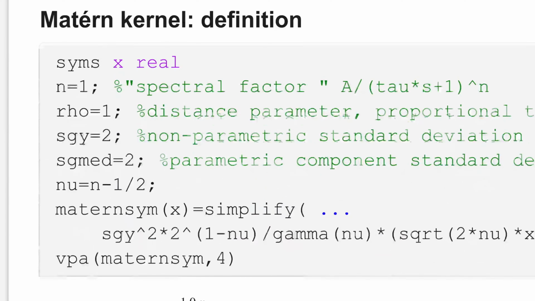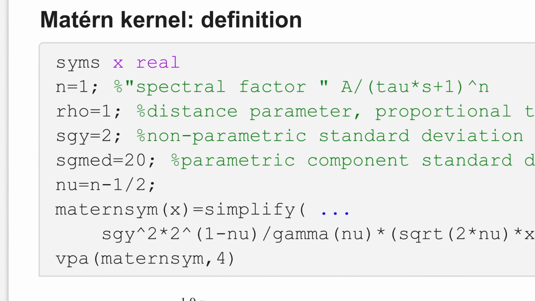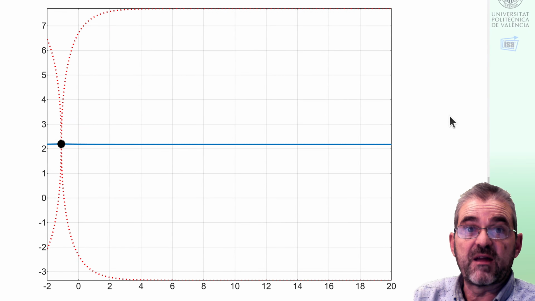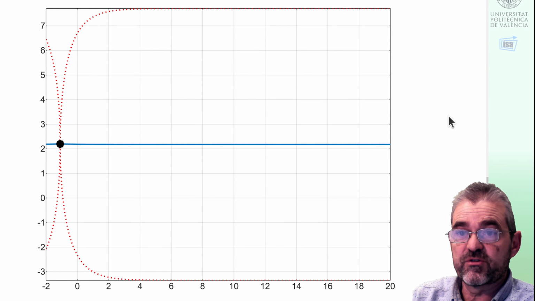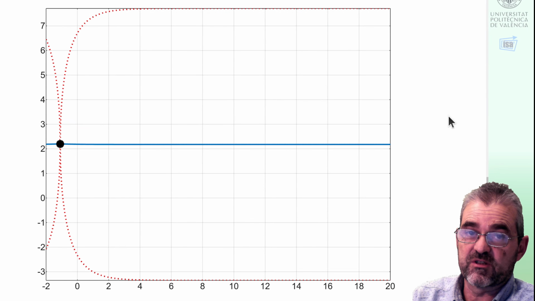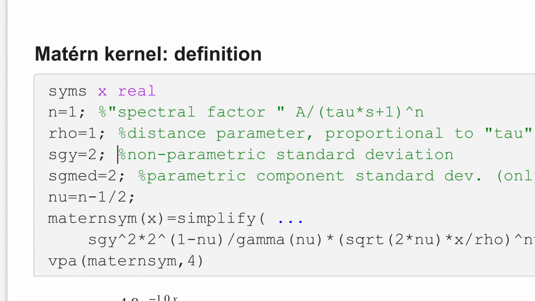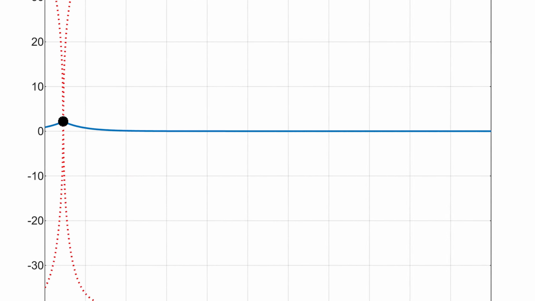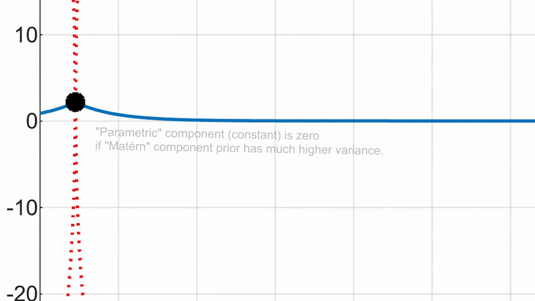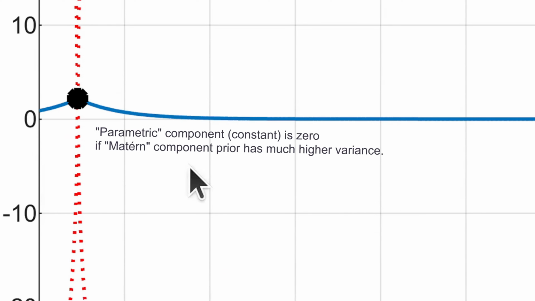Of course, if I had a lot of uncertainty in the constant mean, 20, then my posterior would apportion all the deviation from 0, the prior mean, to that constant parameter, and vice versa. If my non-parametric component had a lot of variance, then everything would be apportioned to it and the exponential decay would decay to 0.